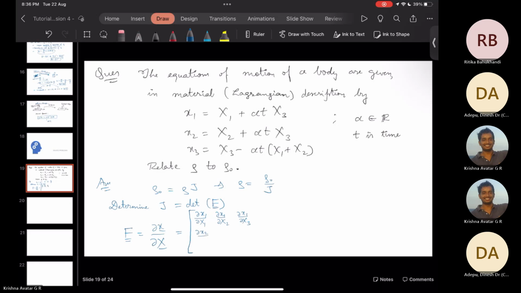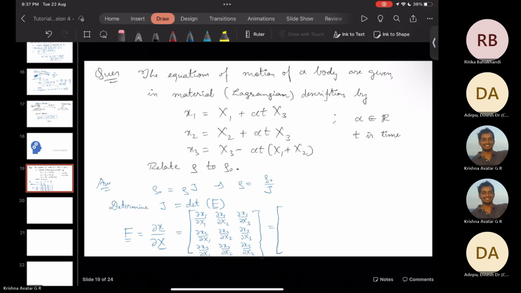In the second row we have small x2 with respect to capital X1, X2, X3, and in the third row small x3 with respect to capital X1, X2, X3. Let's determine all these quantities.